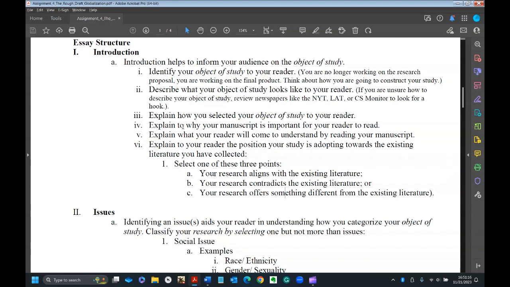Once you're done with point four, you're going to go to point five: explain what your reader will come to understand by reading your manuscript. As I mentioned in class, go to the outcome of assignment two and note what you wrote for point number two. Note any comments, like if I said, make sure you develop your ideas further.